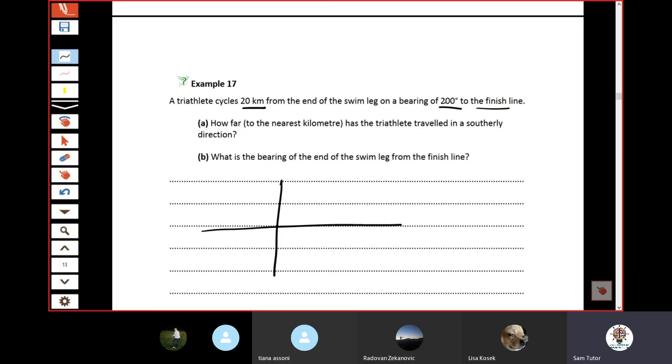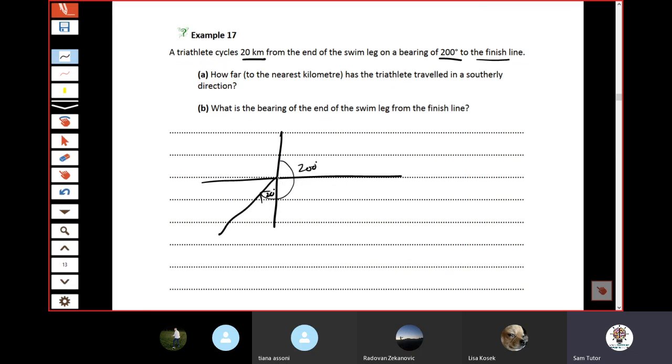They help. 200 degrees is there, right? 90, 180, 200. So if that's 200 degrees, you know that that little bit in there is 20 degrees. Cycles 20 kilometers from the end of the swim leg to the finish line. So from here to here, cycle 20 kilometers to the finish line.